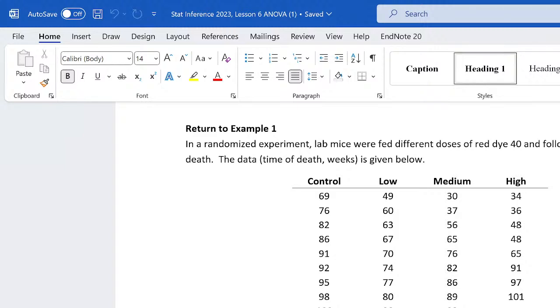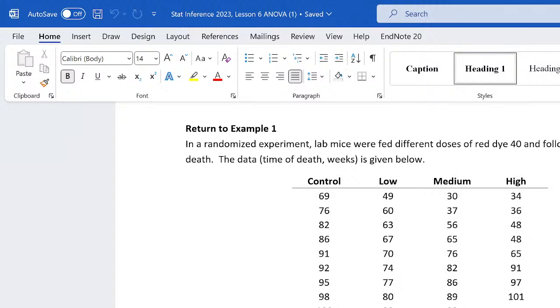Again, appealing to a population, a mythical population of mice. So, you know that we're going to test. The null hypothesis says dosage doesn't make a difference. Red dye, harmless. All the means are the same.